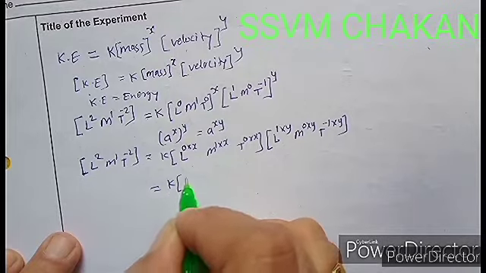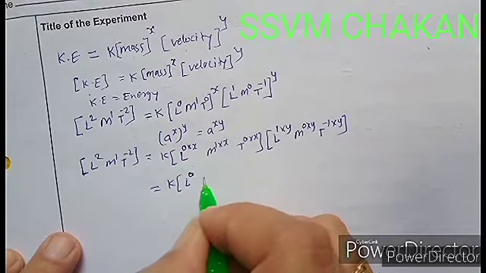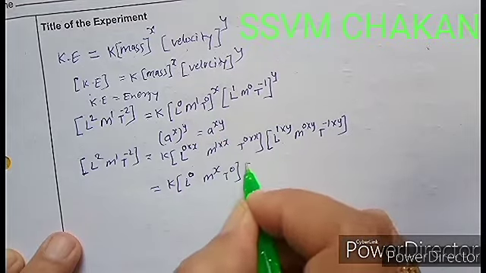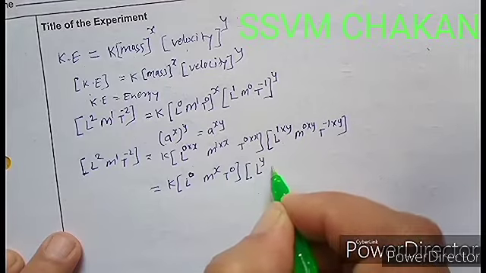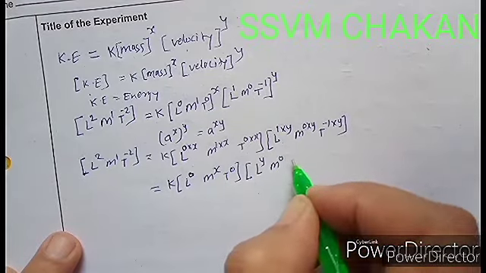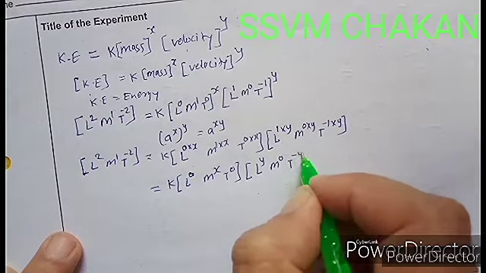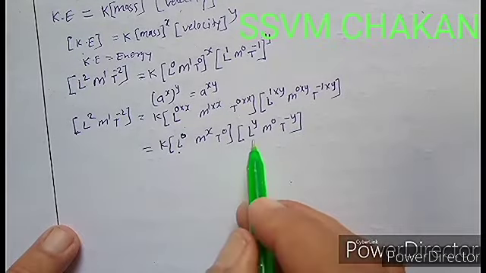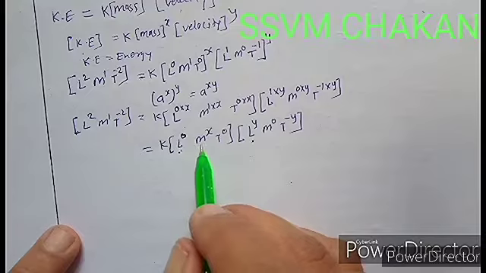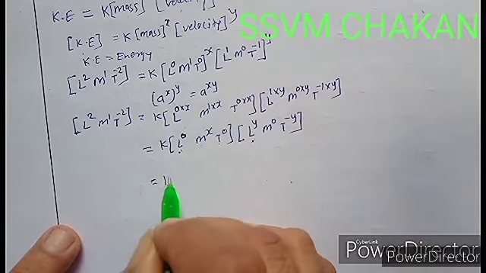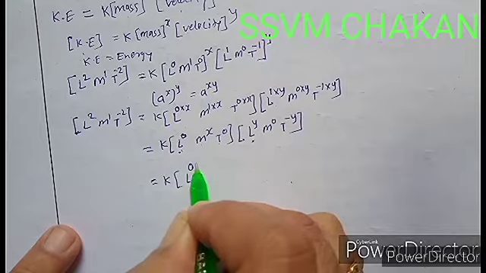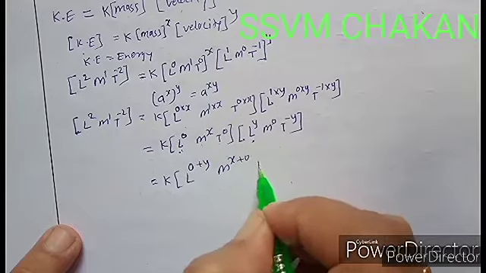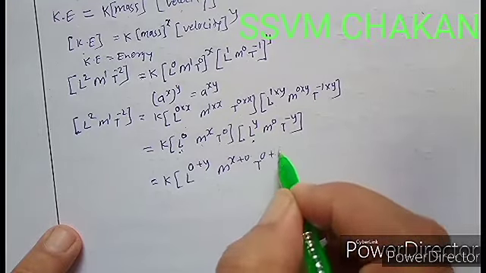Do the multiplication: 0 into x is 0, 1 into x is x, L raised to y, M raised to 0, T raised to minus y. Now multiply the similar terms: L with L, M with M, T with T. So k, L raised to 0 plus y, M raised to x plus 0, T raised to 0 plus minus y.